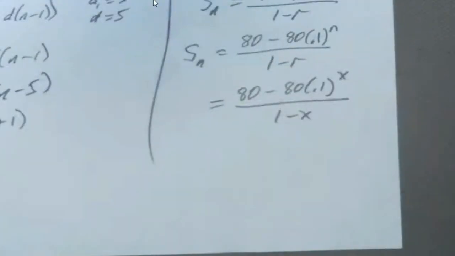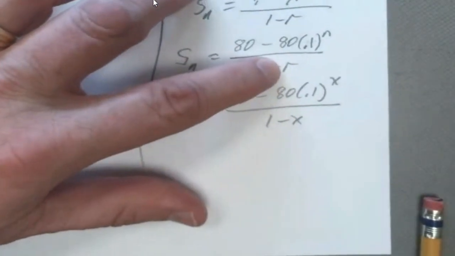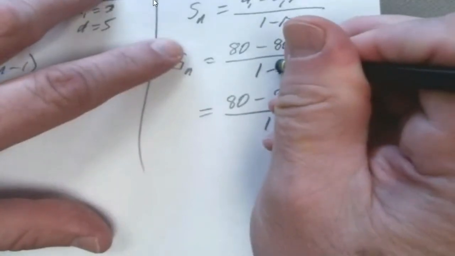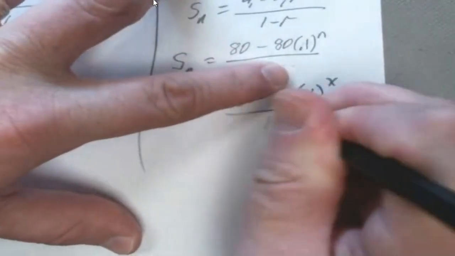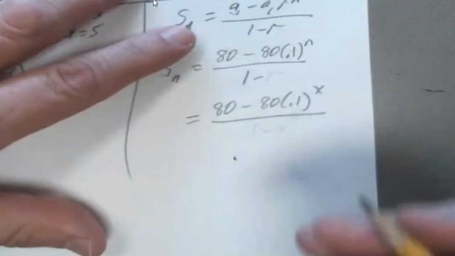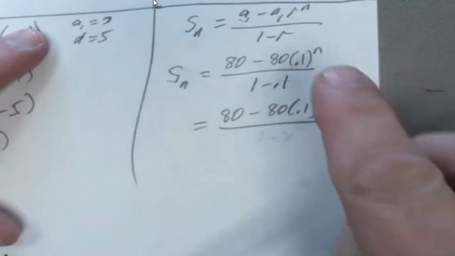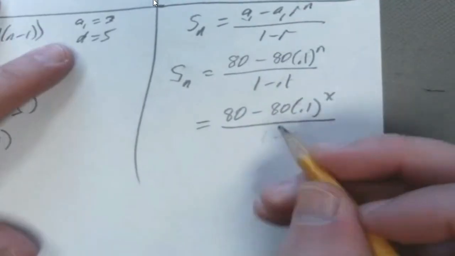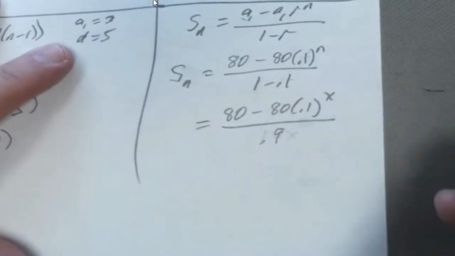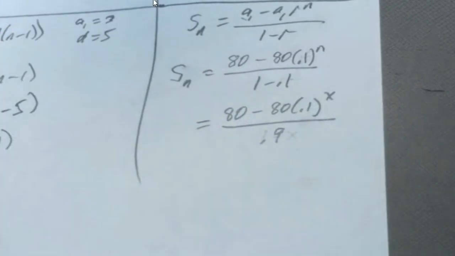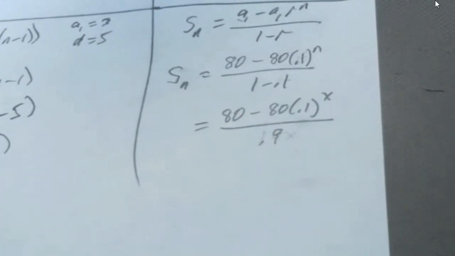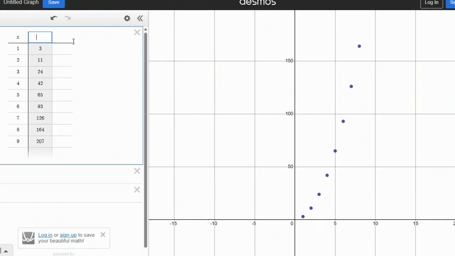That is something I need to fix. That was 1 minus r, not 1 minus n. So this would have a number. 1 minus 0.1. That's not 1 minus x. Got to substitute both places of r. So this is over 0.9. 1 minus 0.1.